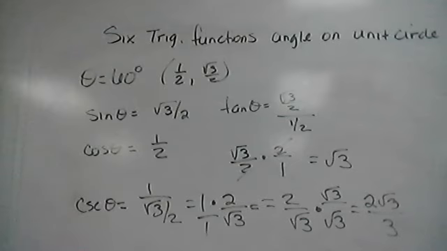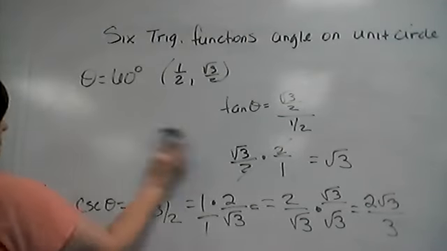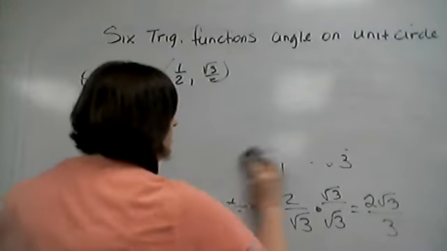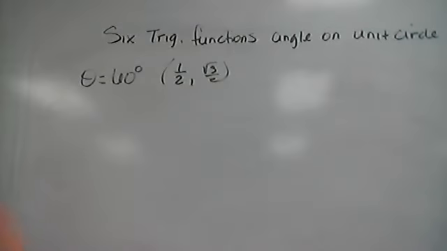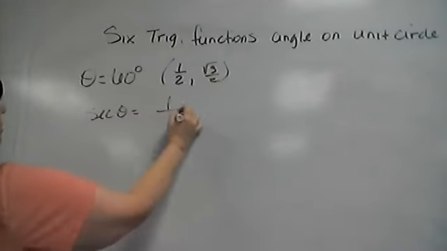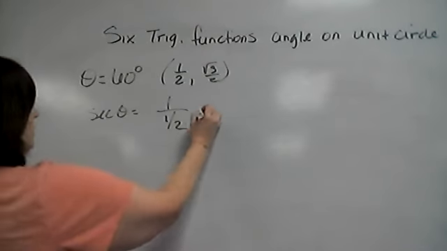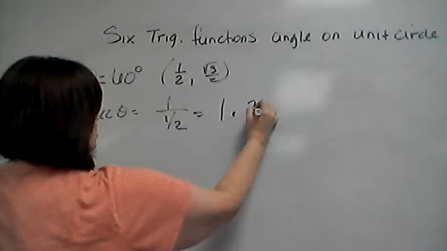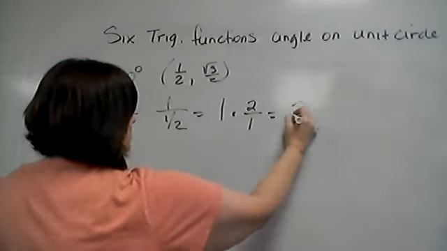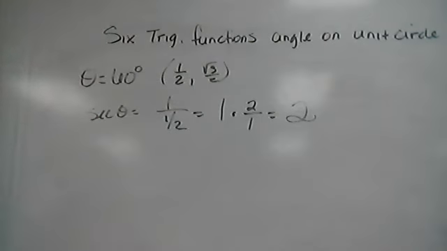Now the last two, I have to do secant and cotangent. So secant is going to be 1 over the x-coordinate. So 1 over 1/2. So 1 times 2 over 1, which is going to give me 2.